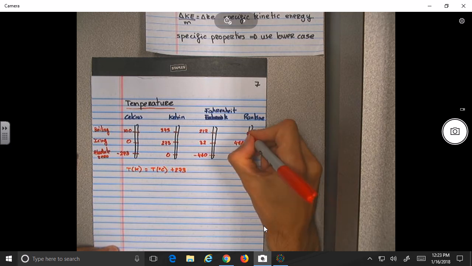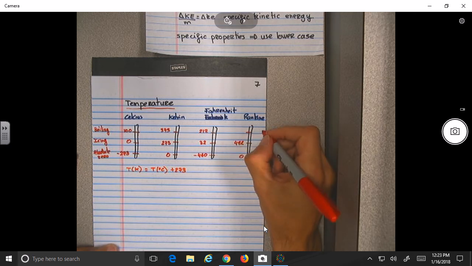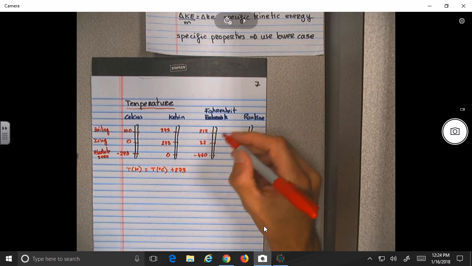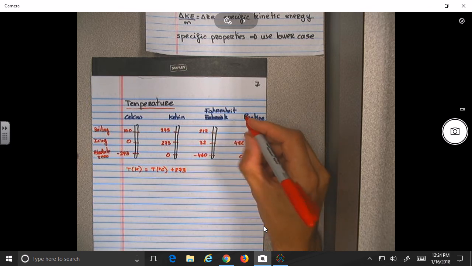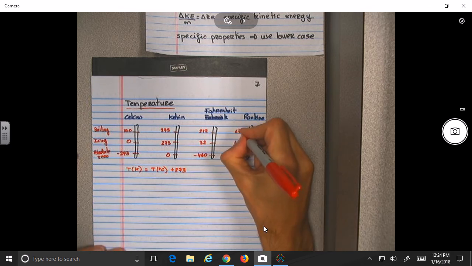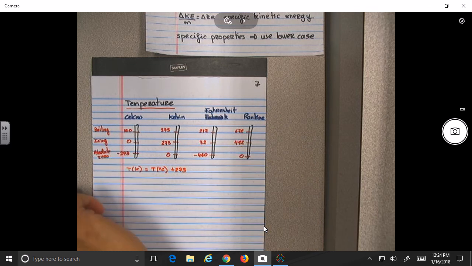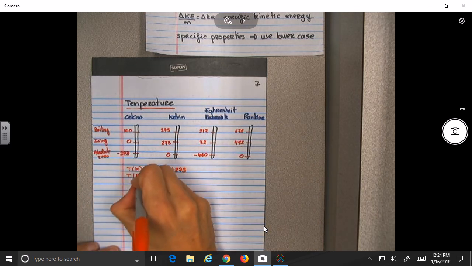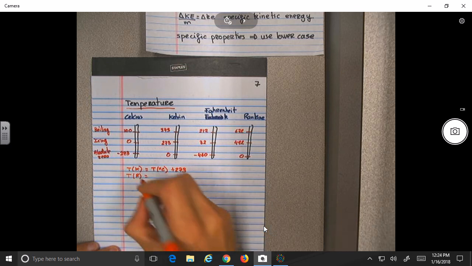And this one will be what? 212 plus 460, 672. So the relation between Rankine and Fahrenheit is what?